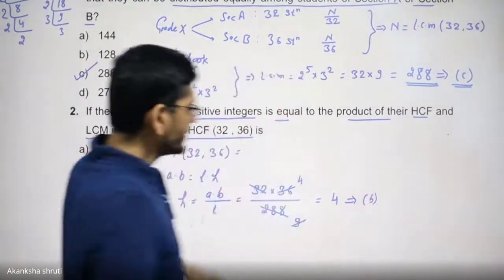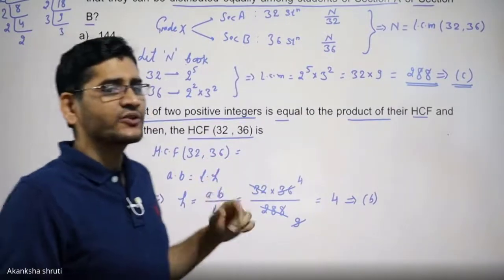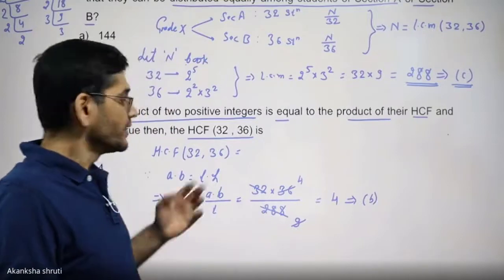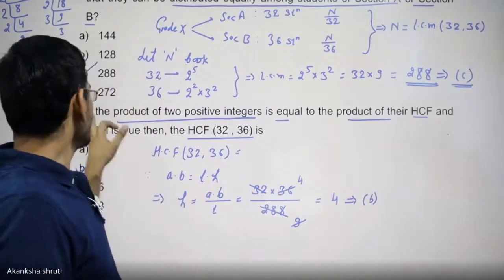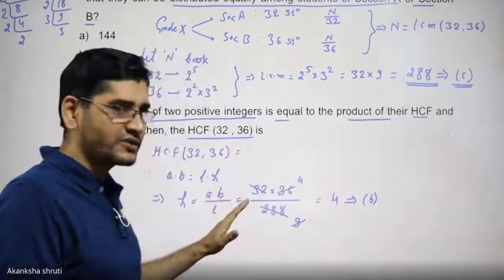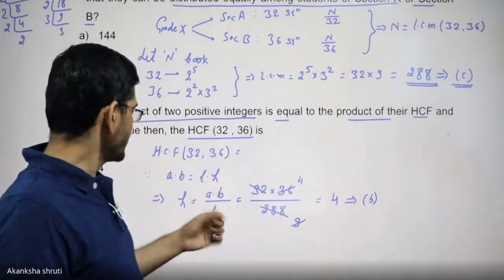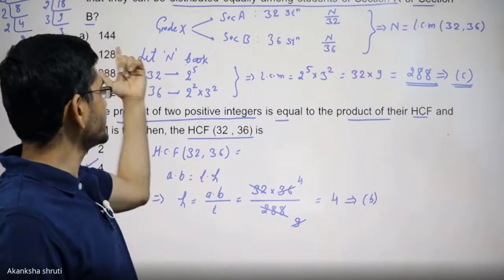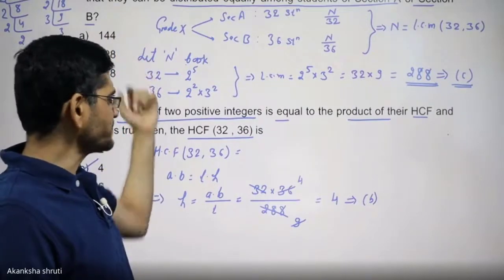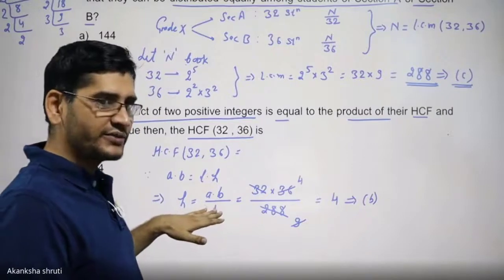Students, the purpose of this question was to test your intelligence in various ways. How? One, this statement tells you that you must go this way to save time. Another thing, the LCM that you calculated in the first question or first part, you need to use here.